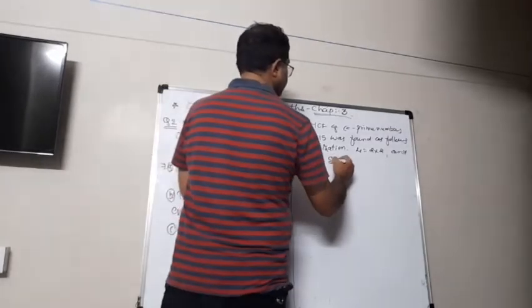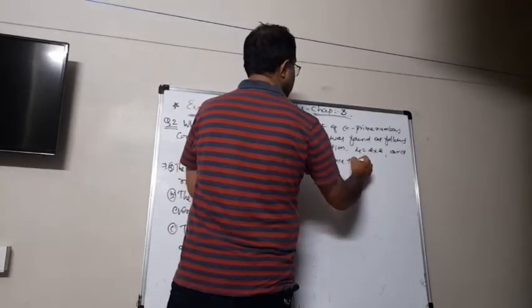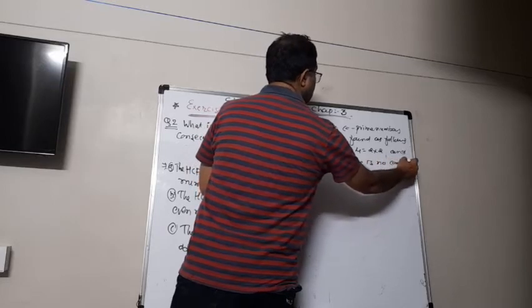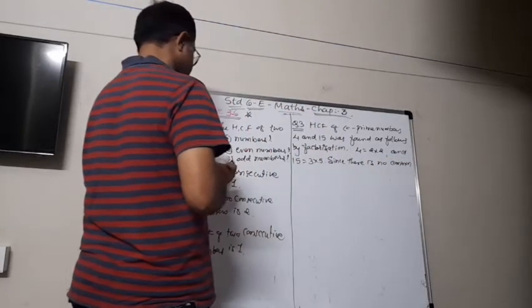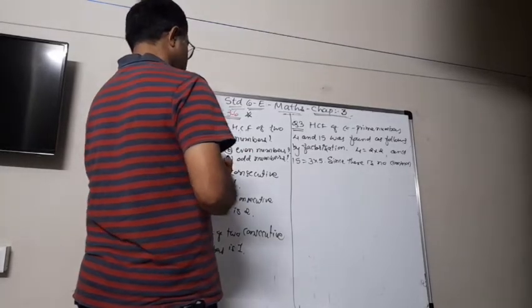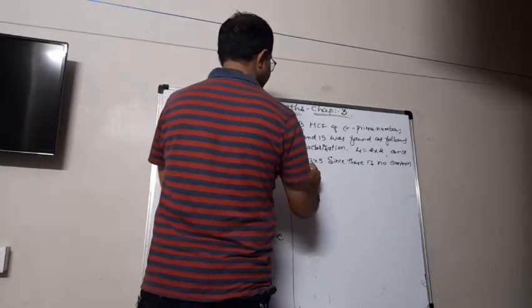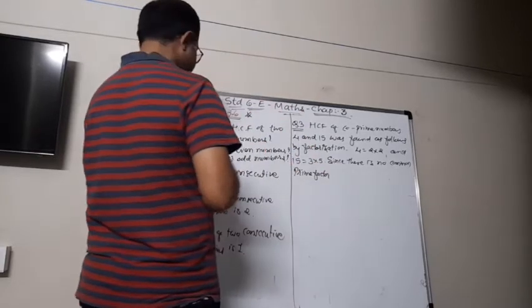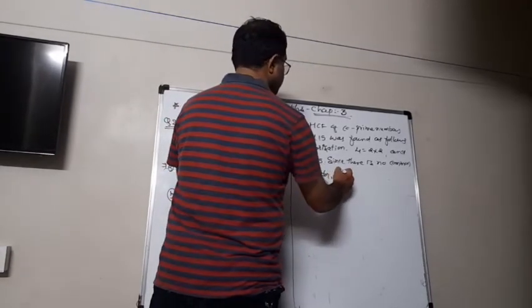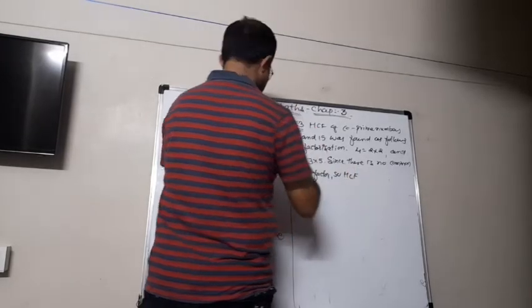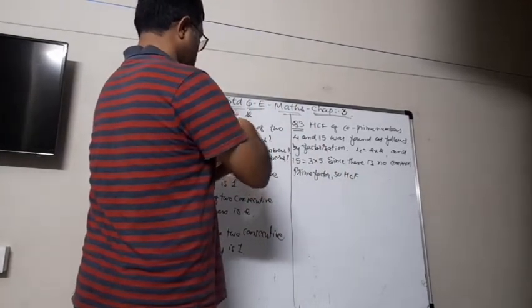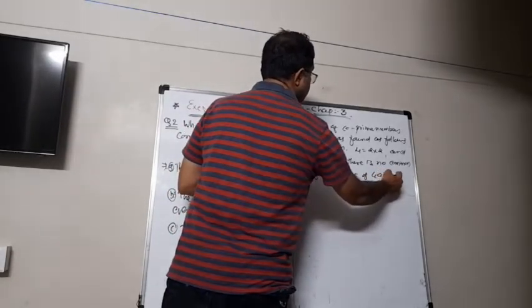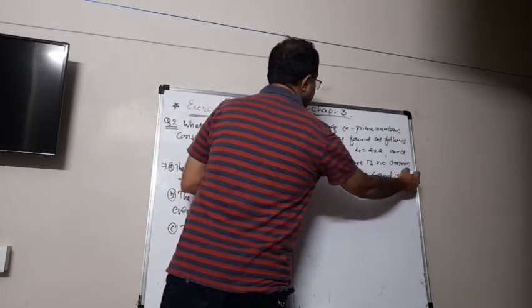Since there is no common prime factor, the HCF of 4 and 15 is 0.